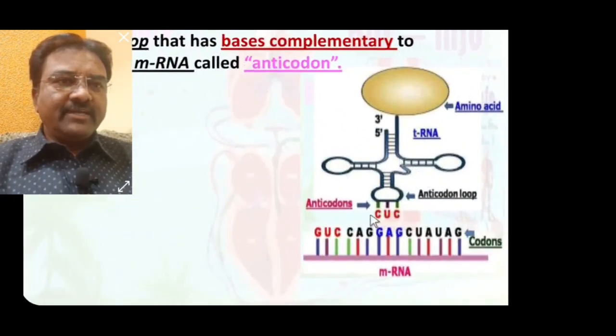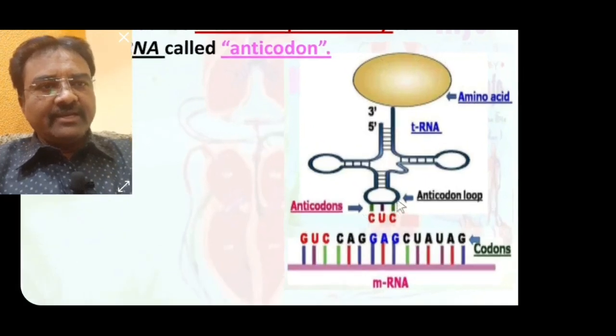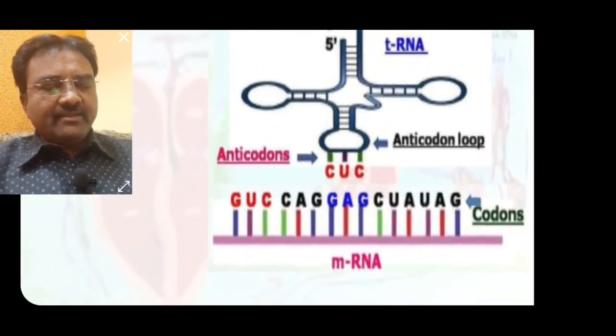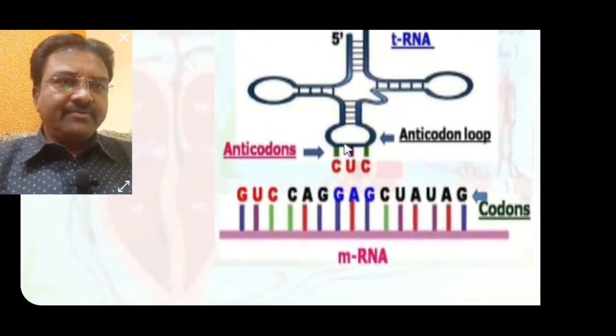This is the tRNA clover leaf model structure. On tRNA there is the anticodon loop, and the bases present on this loop are the anticodons. These bases of the anticodon are complementary to the codons present on mRNA.